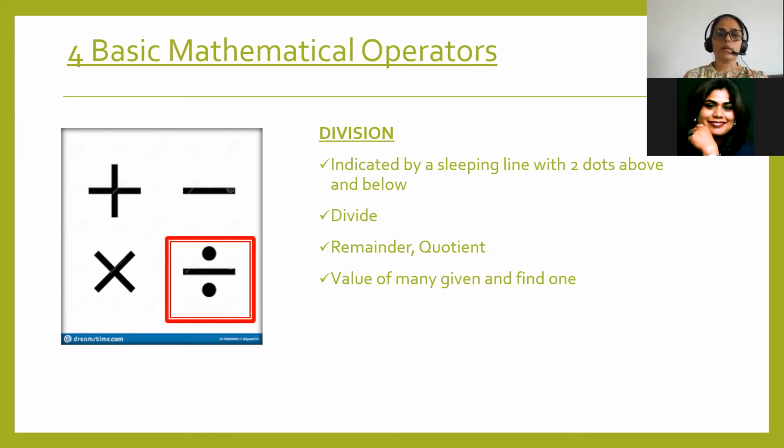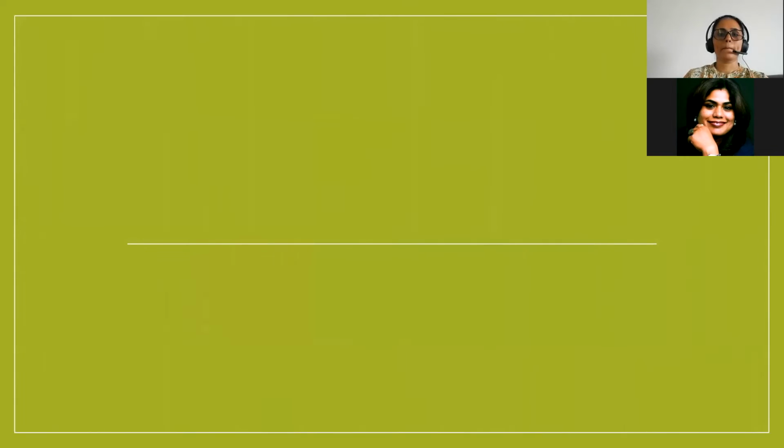Like in my previous example, the price of one apple is 2 rupees. Find the value of 10 apples. Now I will reverse the same problem. The value of 10 apples is 20 rupees. Find the value of one apple. So I've moved from here to here. Now I'm going backwards. Any questions so far? No. Correct, thank you.